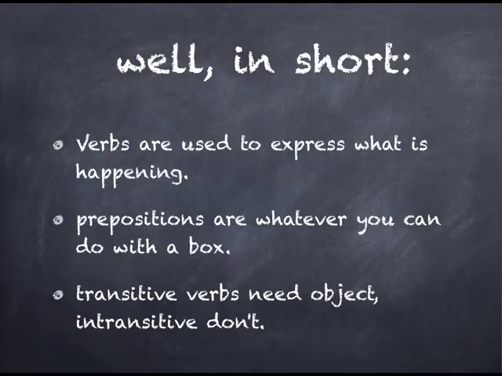Literally, ਤੁਸੀਂ ਜੇ preposition ਸਮਝਣੀ ਆ, if you remember that ਤੁਸੀਂ ਇੱਕ box ਨਾਲ ਕੀ ਕੁਝ ਕਰ ਸਕਦੇ ਹੋ, you know you got the prepositions. And the same formula applies to any other language: Punjabi, Hindi, Urdu, or English. These are the 4 languages I know. I don't know about the other languages. And the transitive verbs, final thing to remember is that transitive verbs need an object, but intransitive verbs do not.